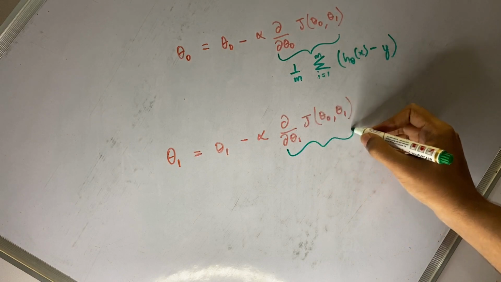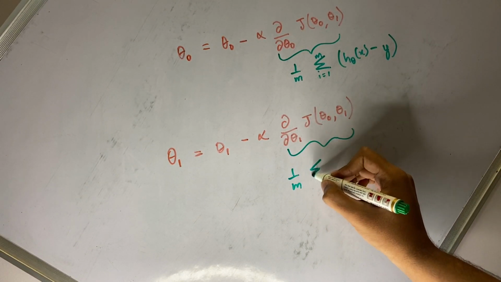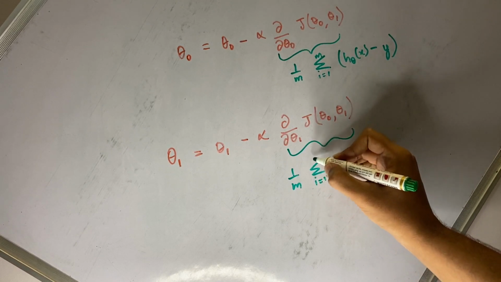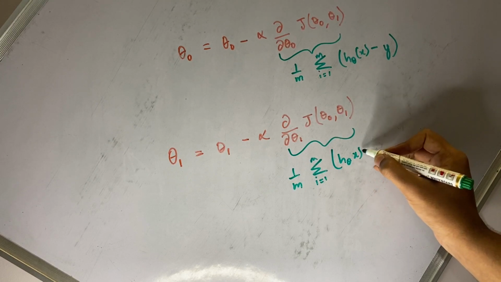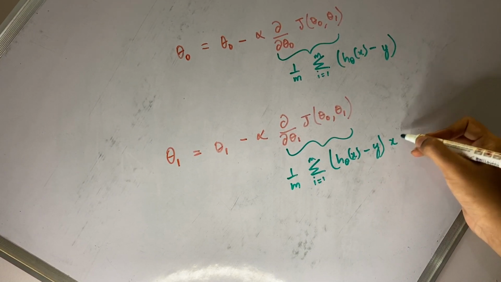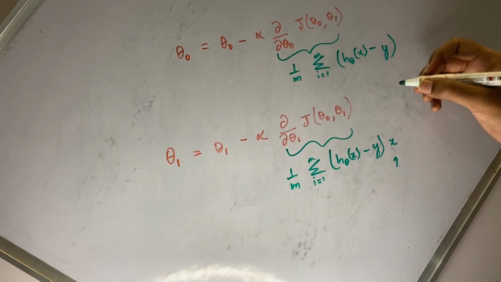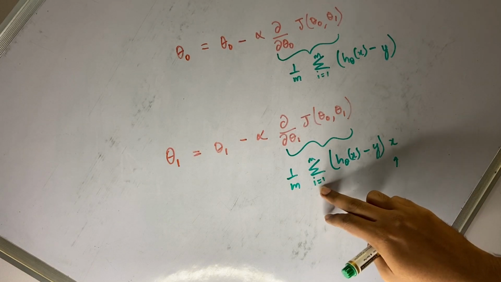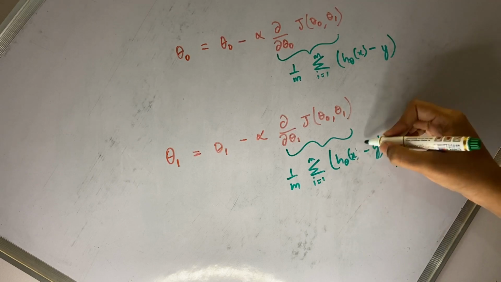And this term would be 1 over m multiplied by the summation of the difference between the hypothesis and the actual value multiplied by the feature itself, that is the size of the house. And this is for each training example, that is for each sample data that we had.